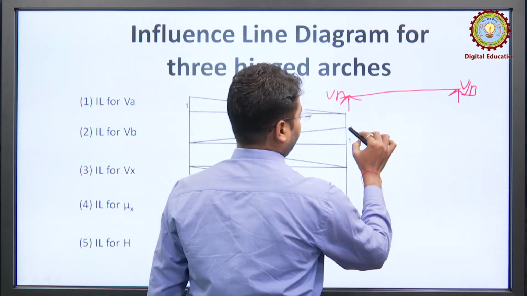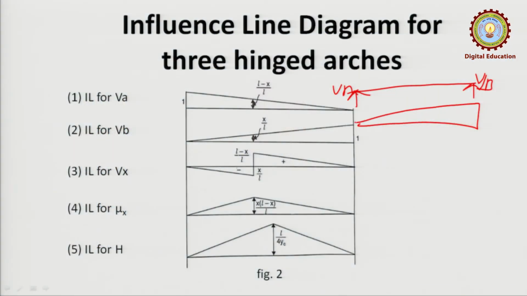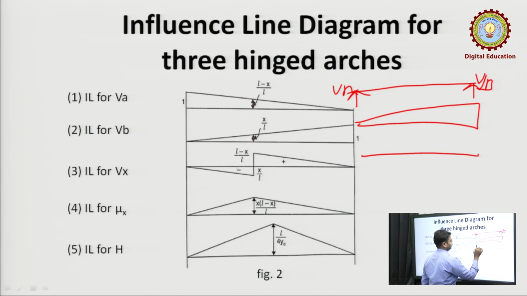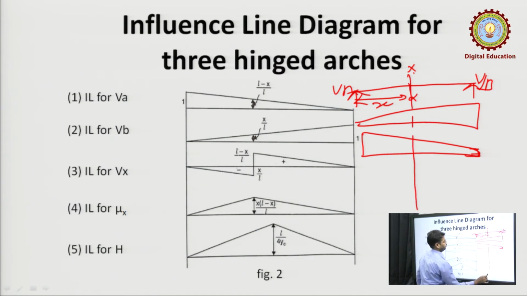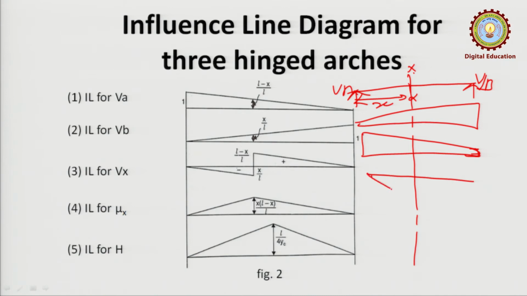If we have to draw ILD, then the equation and ILD shape was like that, and at point C or section XX, working at a distance x, what will be the shear here? This was your shear, and moment was like that.